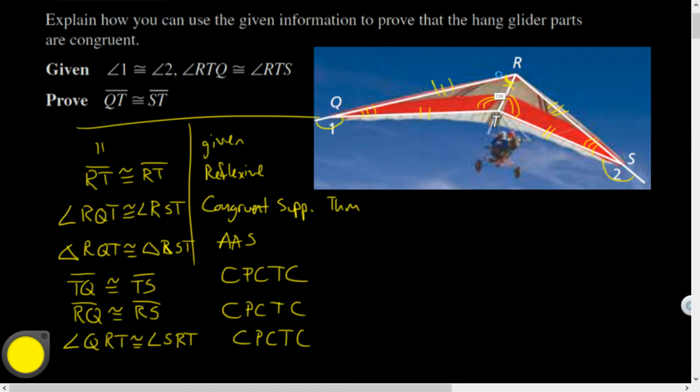I need a quad angle mark there. 1, 2, 3, 4. There we go. Once I know triangles are congruent, I can now make claims about all of the previously unknown parts of those triangles.